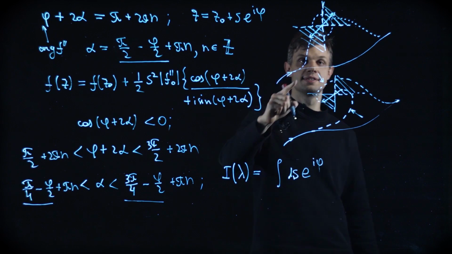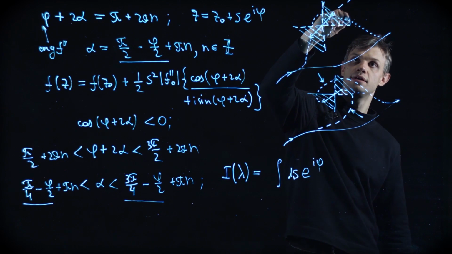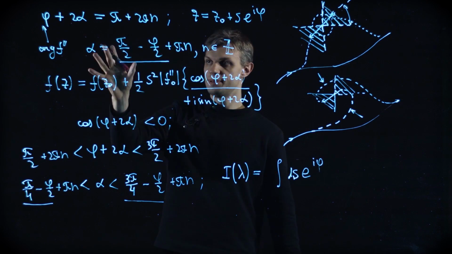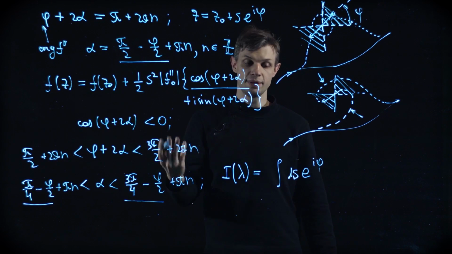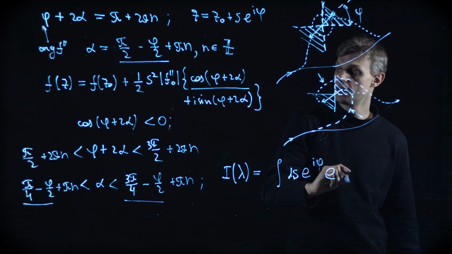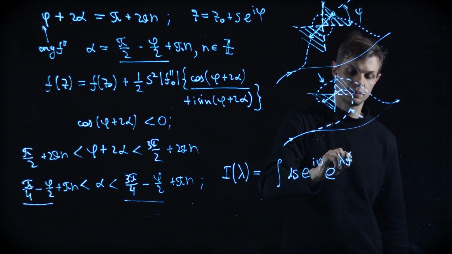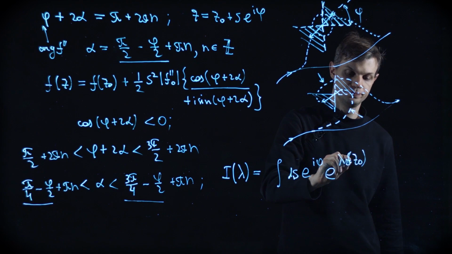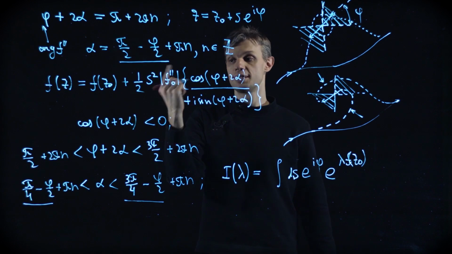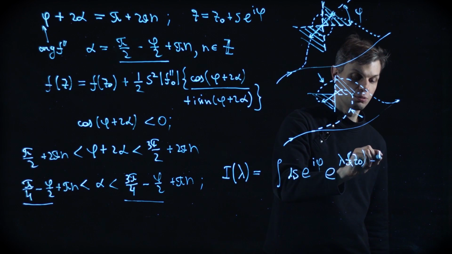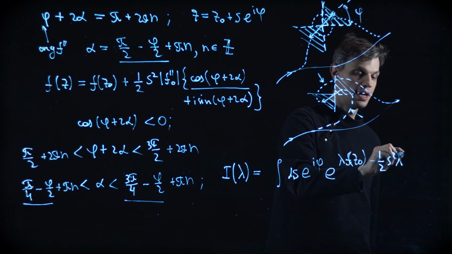As usual, we substitute this curved contour with a straight line with the slope phi, which is defined by the steepest descent direction. And the remaining integral is simply Gaussian, because it's e to lambda f of z naught plus this small addition, but cosine is -1, so we have just a simple expression like minus 1/2 s squared lambda f prime prime naught.